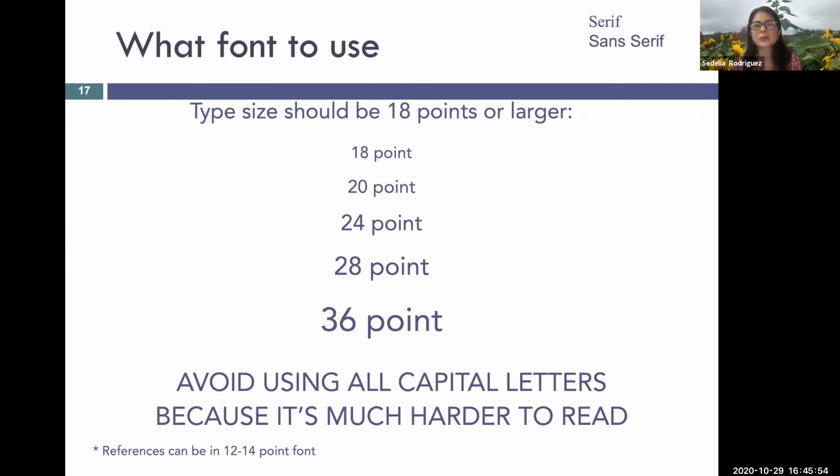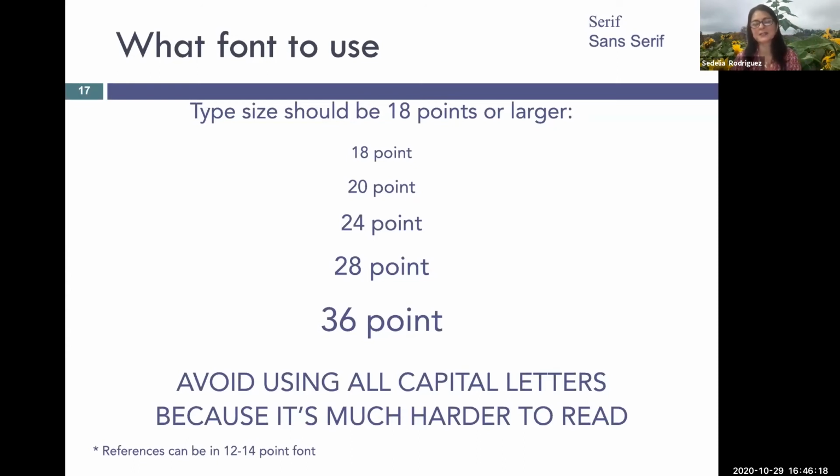Okay, what font to use? So you should use a font that's 18 points or larger, right? So that it can be seen. Again, we're talking about a typical presentation, something that you're doing live, but still try to use this information because you're going to be giving other presentations, and it won't always be Zoom.